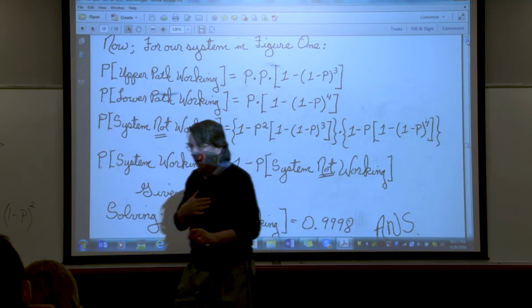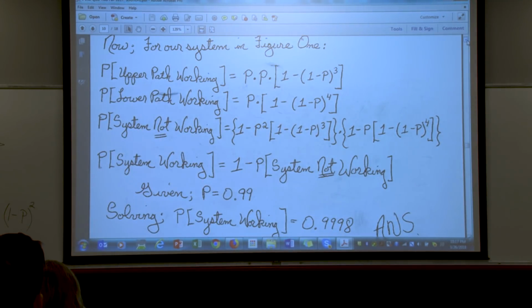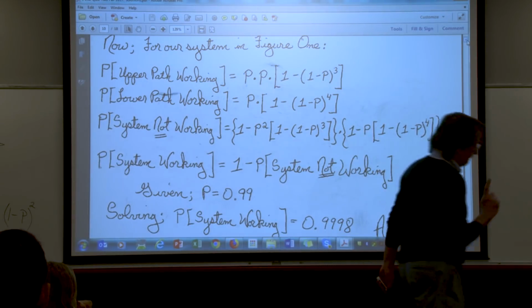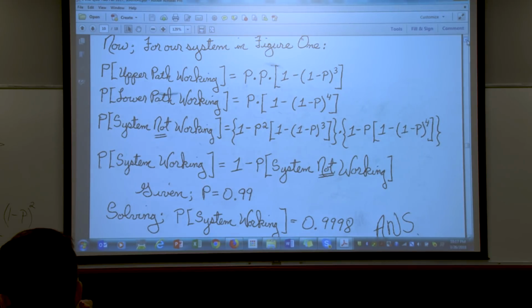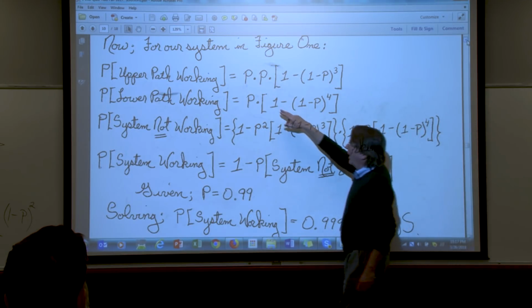Sorry, I'm not following. It's my fault. So you're looking at P times P, times 1 minus P cubed. For that first part, why didn't you do the probability of not working for those two? Right, excellent question. The question is, why did I not calculate the probability of these not working?